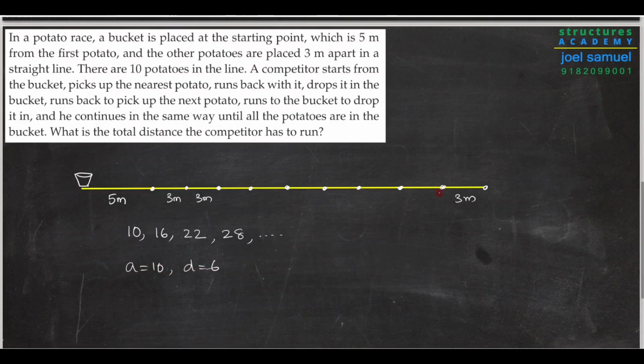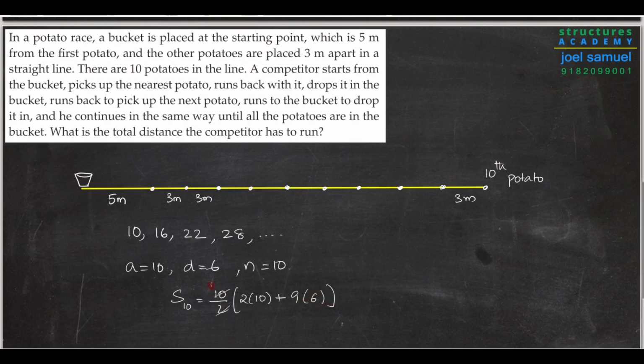So we know there are 10 potatoes. This is the 10th potato, which means n is equal to 10. So we have to sum up all the distances to pick up the 10 potatoes. So this would be 10 by 2, 2a, that is 2 times 10, plus n minus 1, which would be 9, times 6.